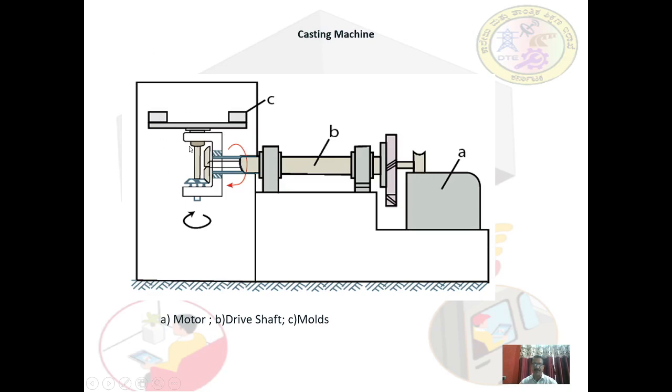It is driven by this motor about two perpendicular axes, and this enables the uniform wetting of the cavity surface. Rotational casting has the advantage of low investment cost over slush molding.